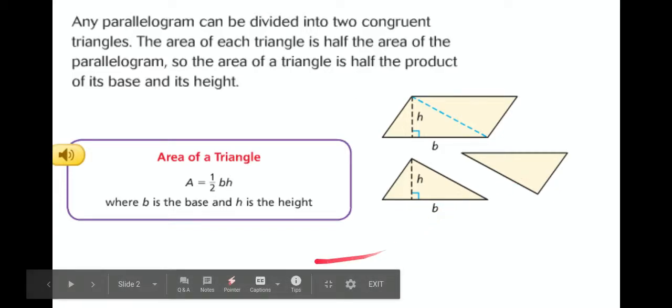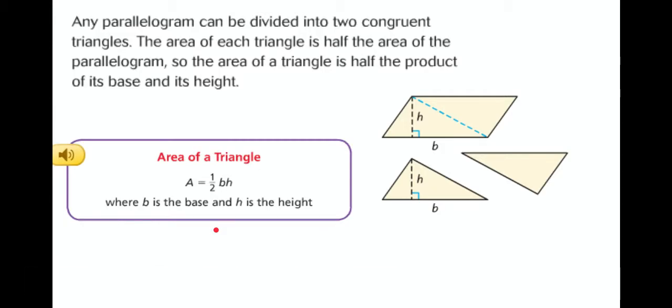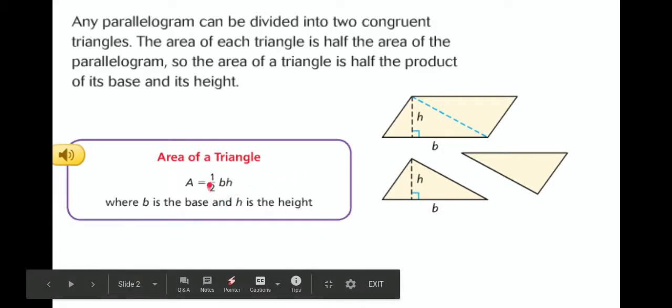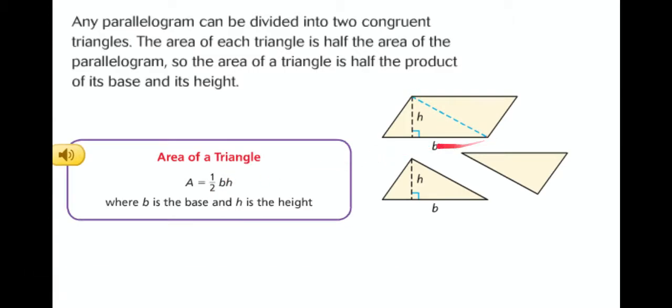The reason I'm showing you that is because the area formula of a triangle is A equals 1/2 BH. The B stands for base, the H stands for height. So this is where the 1/2 comes in. The 1/2 shows you that it's half of some sort of parallelogram.